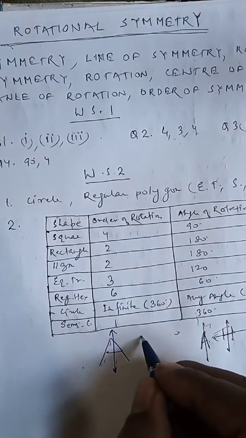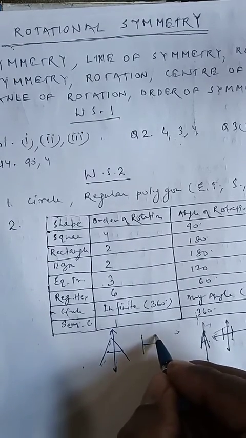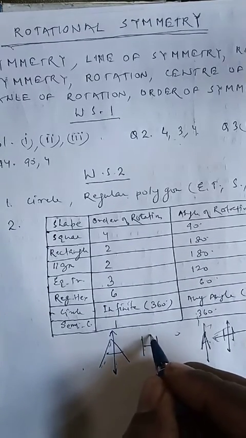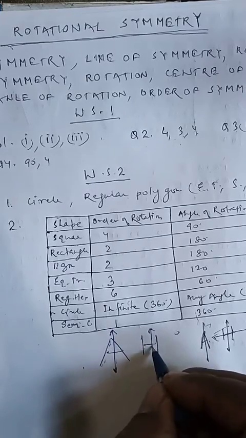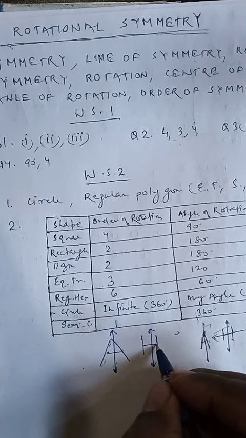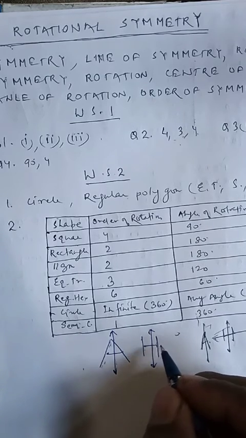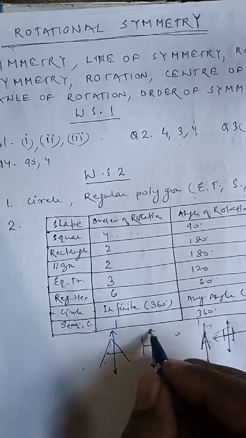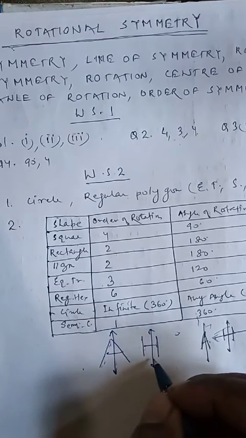Or you can think of another alphabet, H. If you place a line over here in this way, then this portion when placed over this one will cover it completely. Just in the middle we have to draw a line. It is called the line of symmetry.